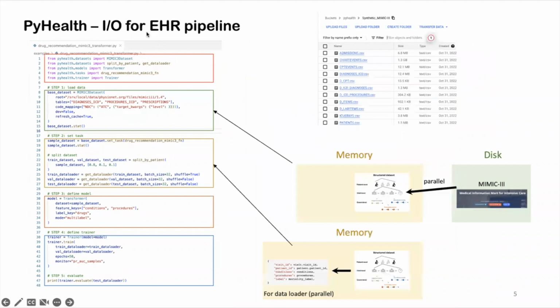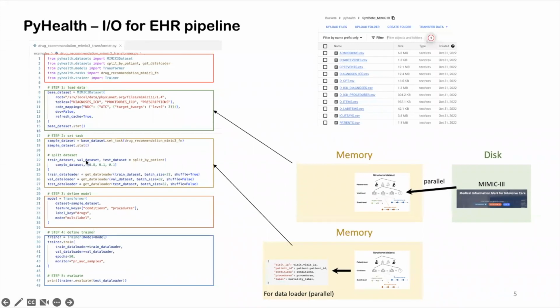First, for the EHR pipeline, I'm going to discuss the input and output for this module. The first box is basically the module input, nothing special. For the EHR pipeline, this part is doing dataset loading.